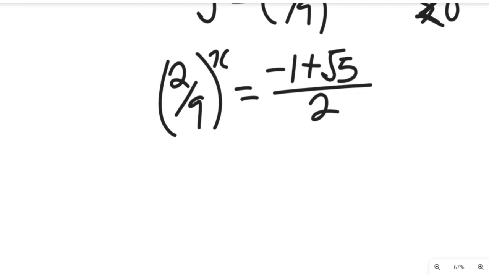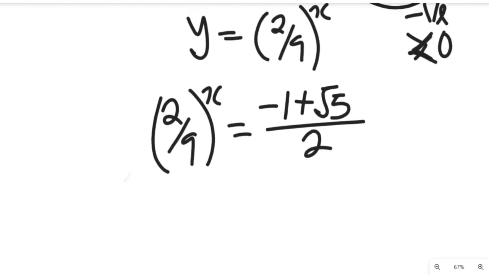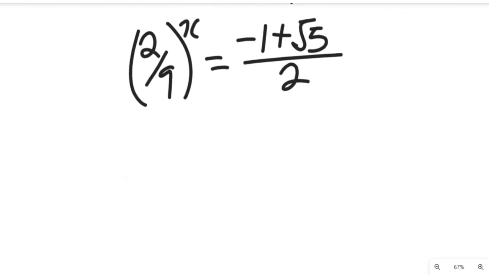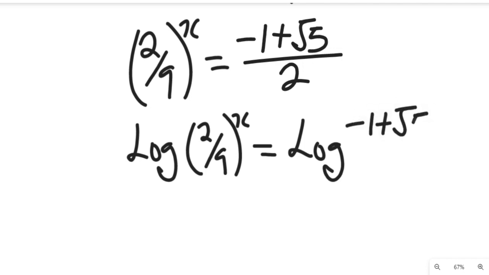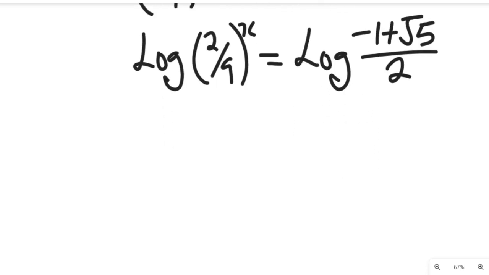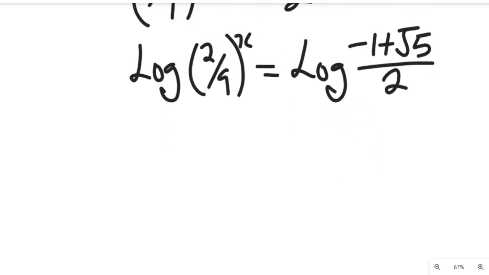So we're going to take the log of both sides. If we take the log of both sides, we'll have log of 2 divided by 9 all to the power of x equal to log of -1 plus root 5 divided by 2.